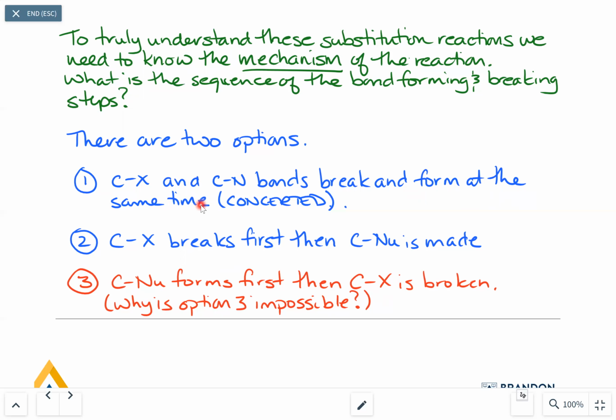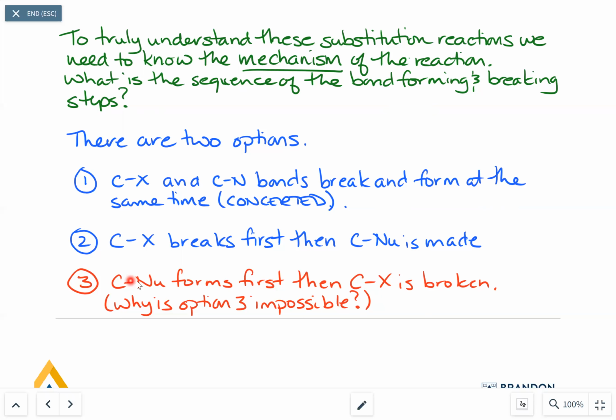Remember, when bonds are being broken and made at the same time, we call this a concerted process. So the carbon X bond can break as the carbon, this should have a U there, nucleophile. So these can take place at the same time, a concerted reaction, or we could break the carbon X bond first, then make the carbon nucleophile bond.